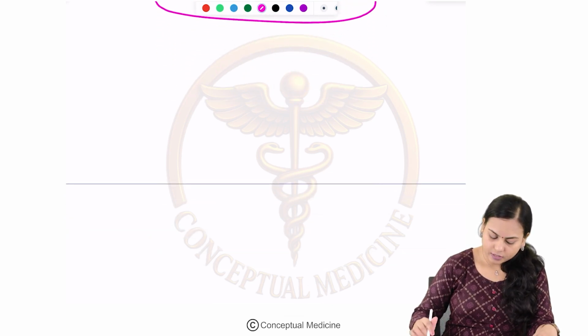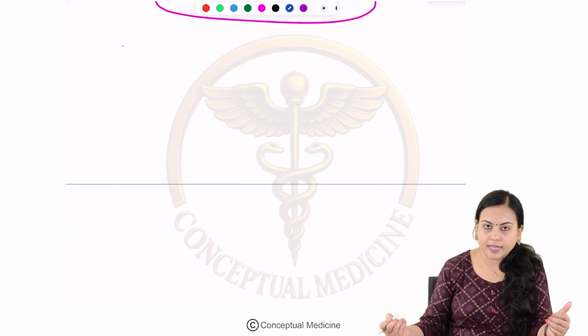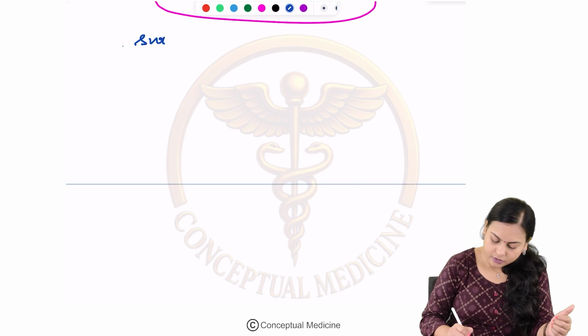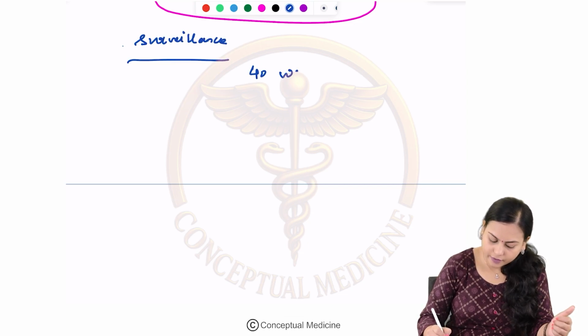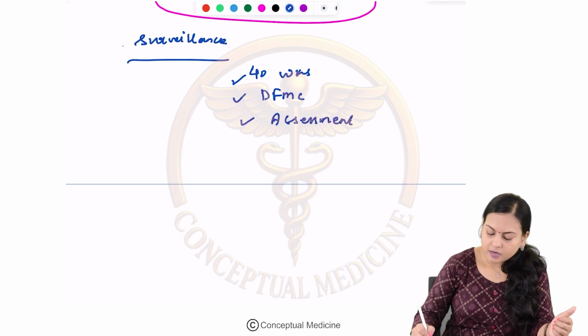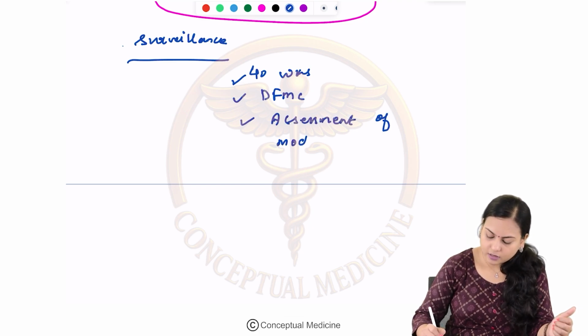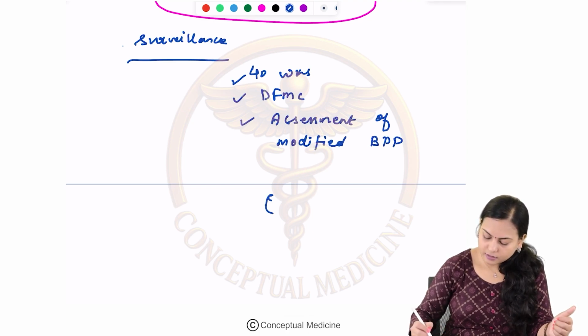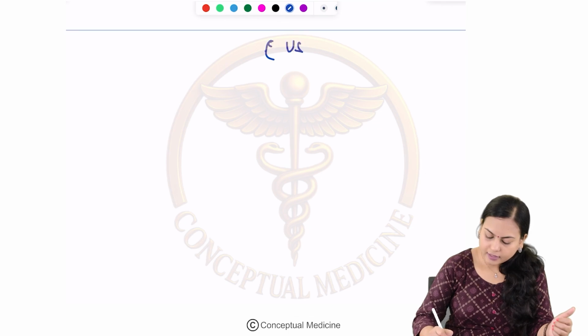Okay? Then, what about the antenatal surveillance? So, surveillance should have been already started by 40 weeks. You should advise the mother for daily fetal movement count, and you have to assess the modified biophysical profile, which includes ultrasound scan and NST.